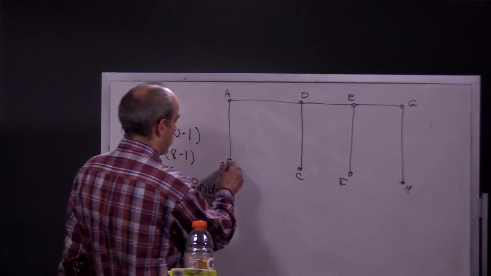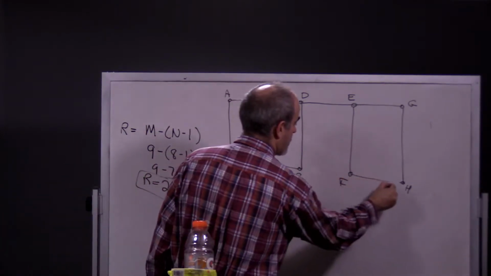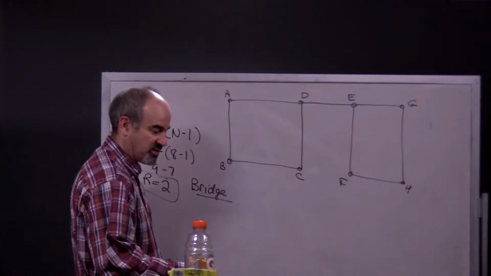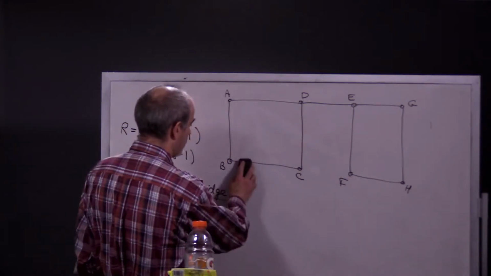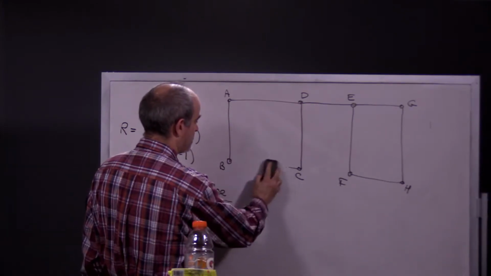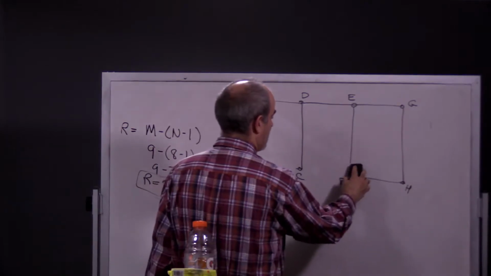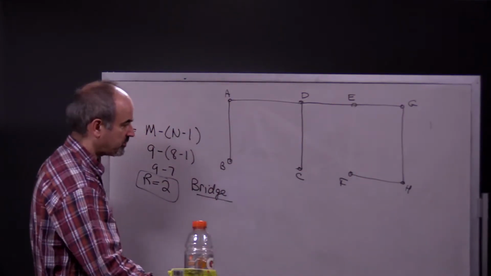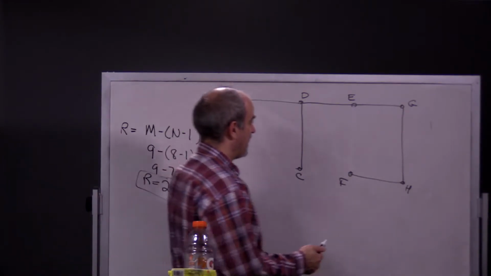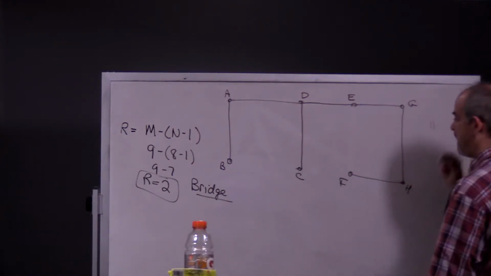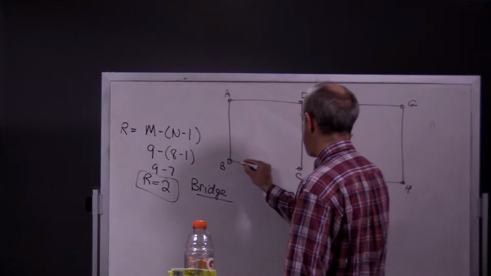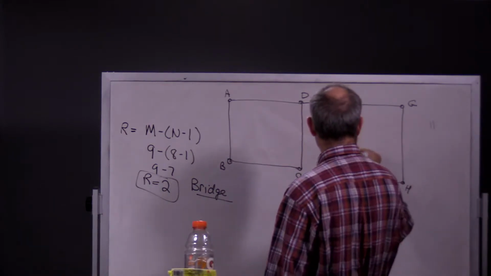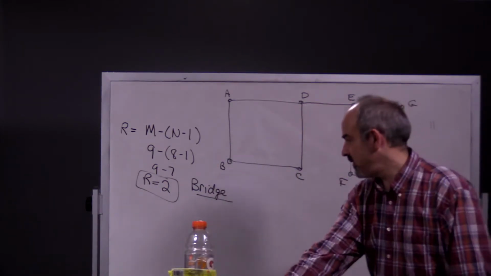Well, let me redraw it again. I could still get rid of this edge, but now I could get rid of this edge. Okay. So it's still a tree. Now we have 2. Well, I'm going to put this edge back and put this edge back. Now I'm going to get rid of this edge again.